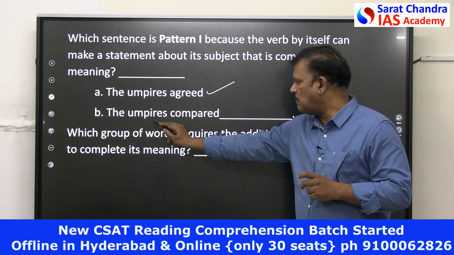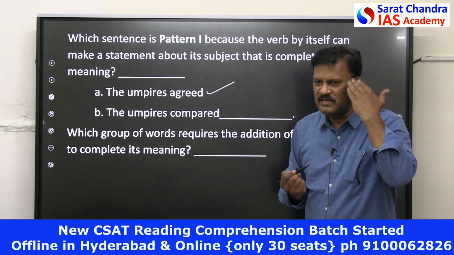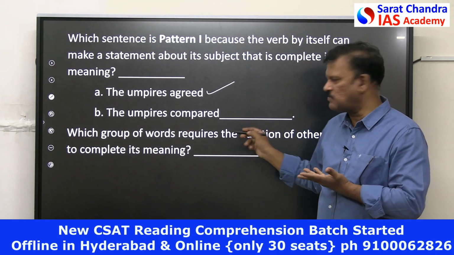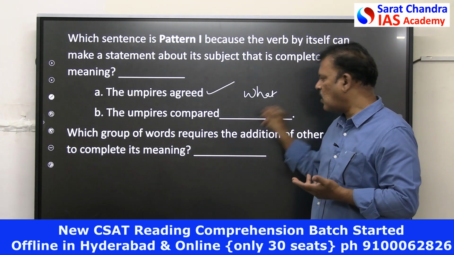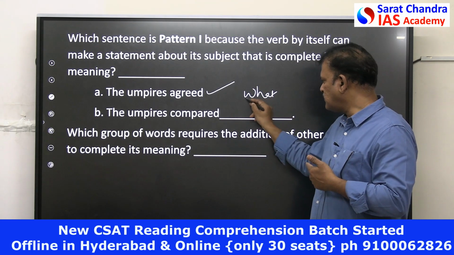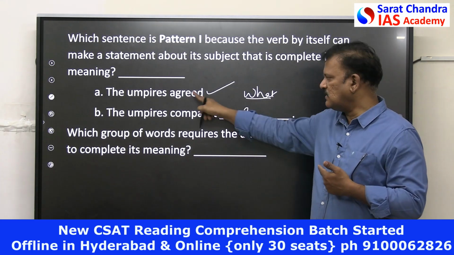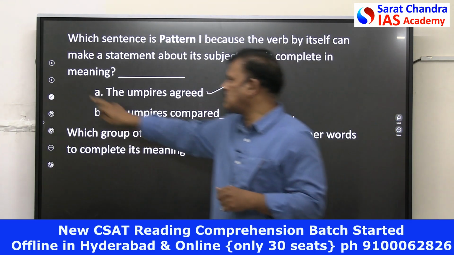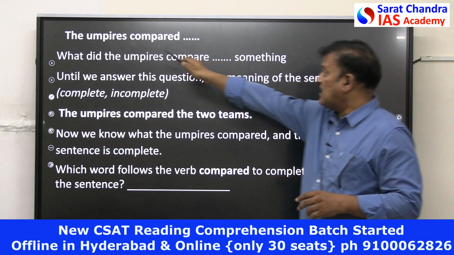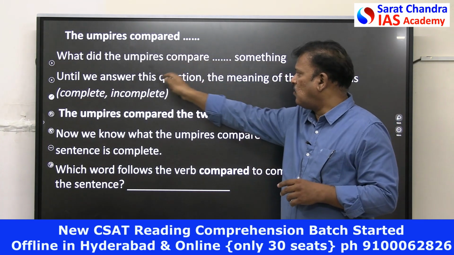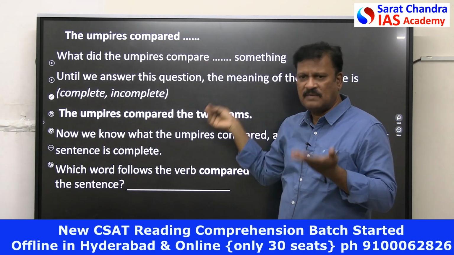Yes, the umpires compared. When I say that, obviously something comes to mind. What is the question that comes to mind? Because I have not given any word which is the answer for "what" in this blank, this is incomplete, this is complete. You are right. Next. The umpires compared. What did the umpires compare? Obviously, umpires compared something.